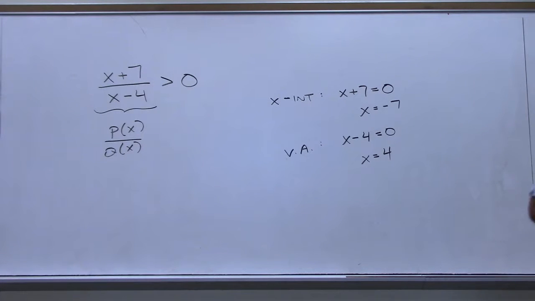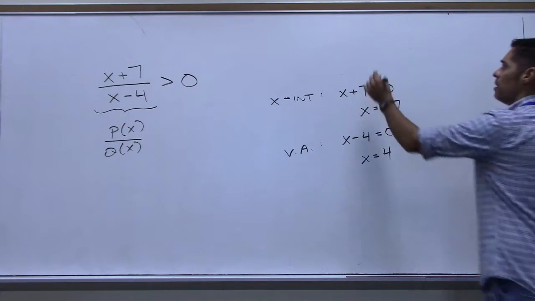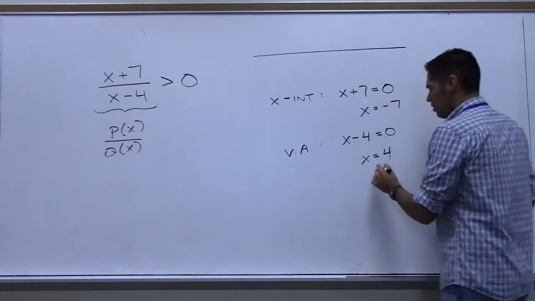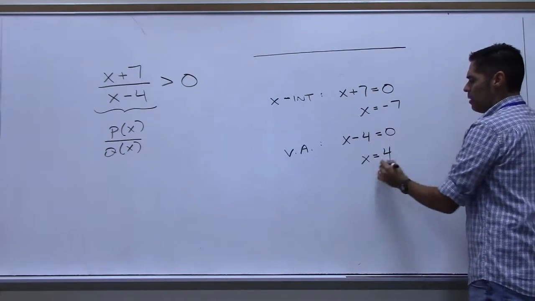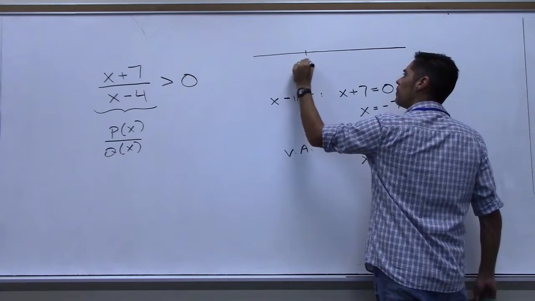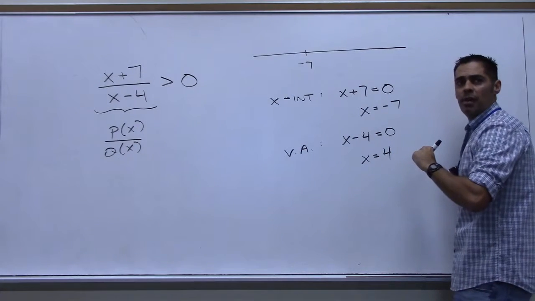Now look at step 3. Break up the number line into intervals using the points we just found. So what I'd like for us to do is actually draw a number line, and place these points here. X-intercept of -7. Does my graph actually hit that point?